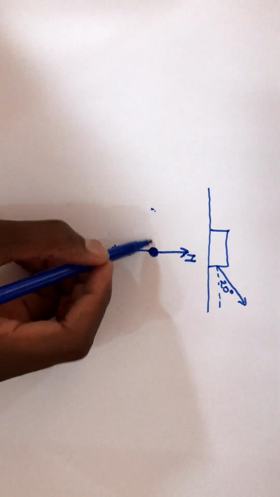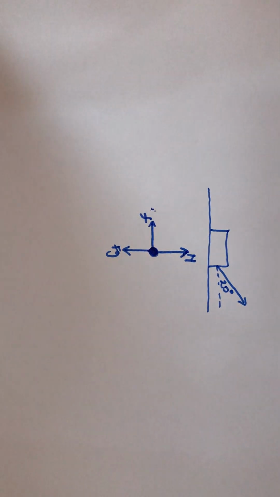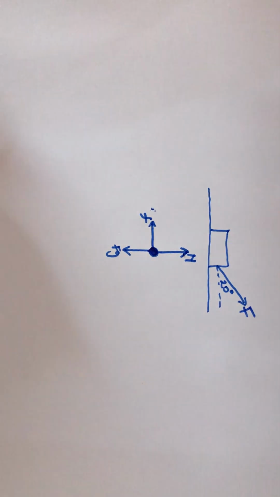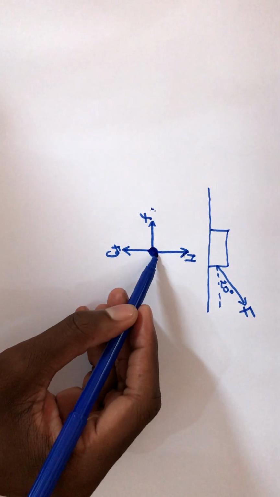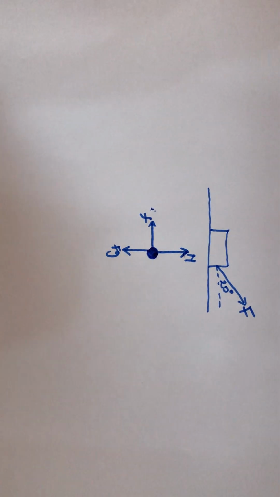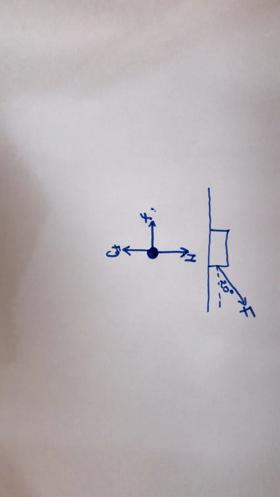And then we have the frictional force opposing the motion of the object, and then there is this force. So this force is a two-dimensional force. So what are we going to do now? We're going to take its components. Since it's a two-dimensional force, it has a vertical component and a horizontal component.